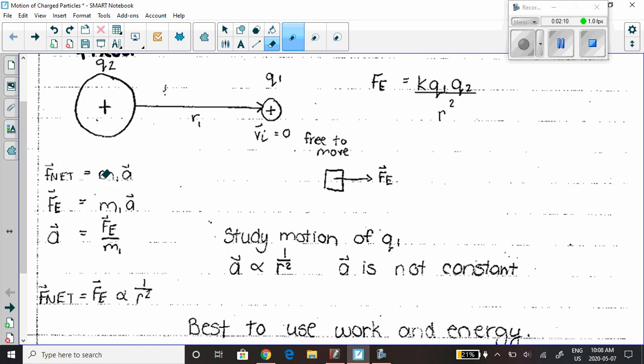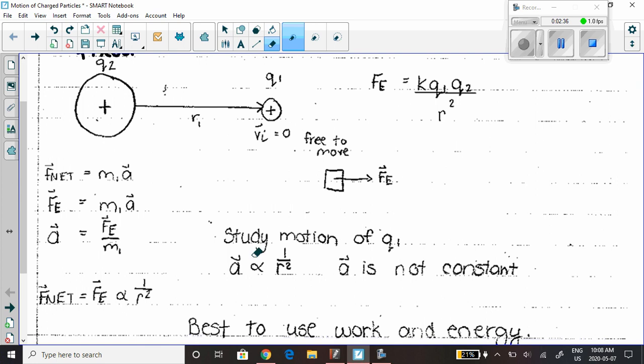It's equal to mass 1 times the acceleration it's undergoing. The only force acting on it is the electric force, so that equals m1 times the acceleration. What's the acceleration equal to? The acceleration is equal to the electric force, the only force acting on it, divided by m1.